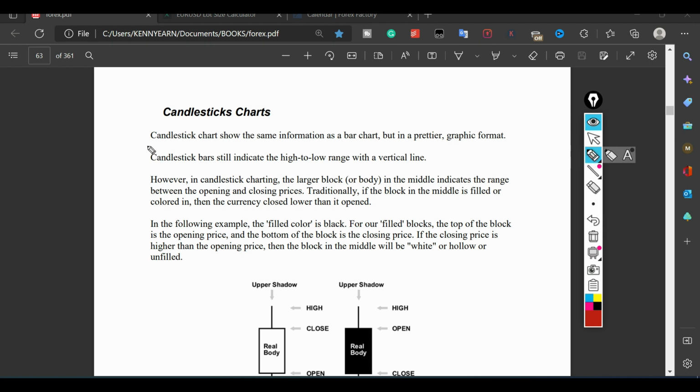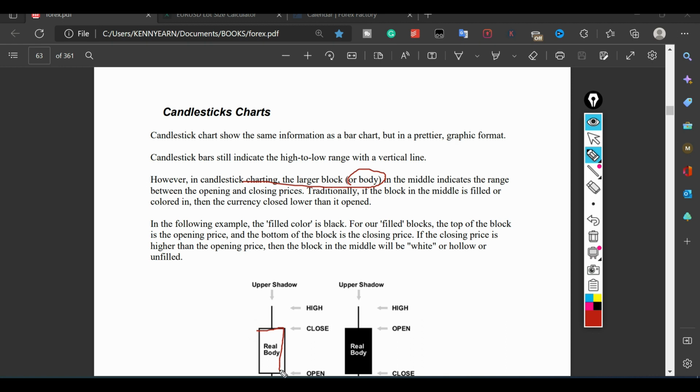A candlestick chart shows the same information as a bar chart, mostly the high, the low, and the close of the day, but it's prettier, in a graphics format, and the interface is more friendly. You can easily understand what the market is saying using a candlestick chart. Candlestick bars still indicate the high to the low range and the vertical lines, but now this one has what we call a body.